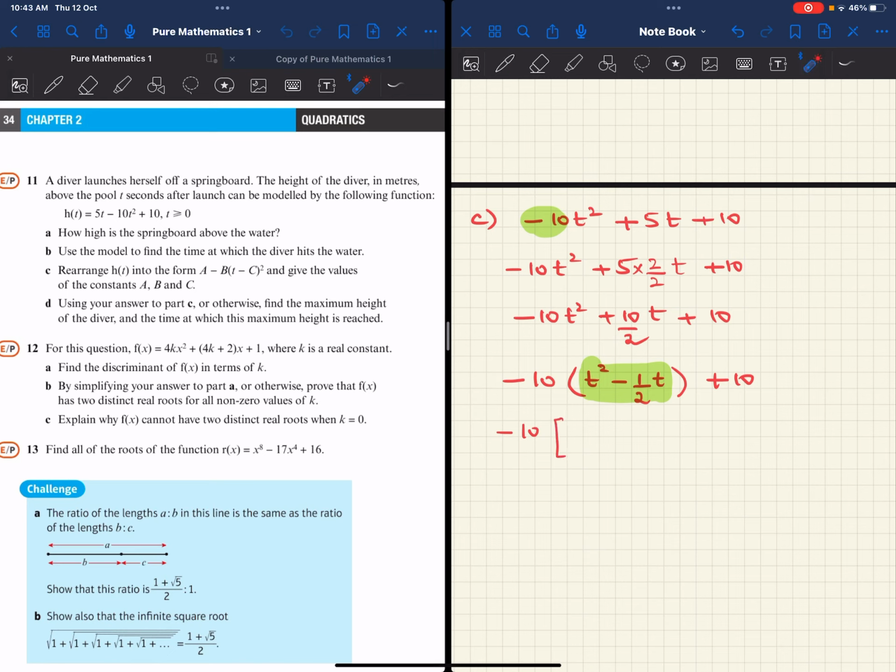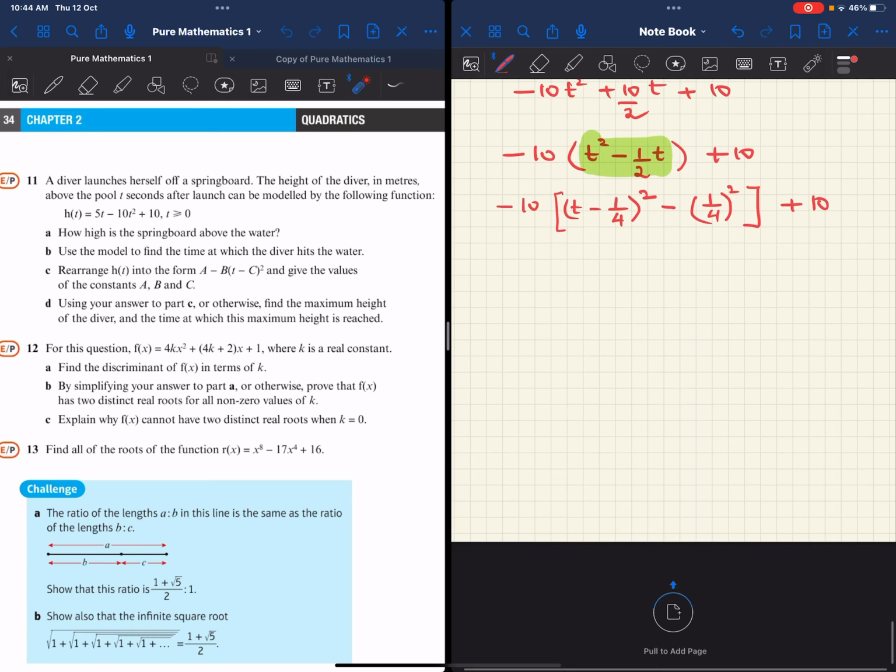For completing the square, we take half the coefficient of t here. So half of half is 1 by 4. So t minus 1 by 4, and complete the square. Now this number, I will subtract the square of it outside the bracket. So minus 1 by 4 squared, close bracket, write the 10 as it is.